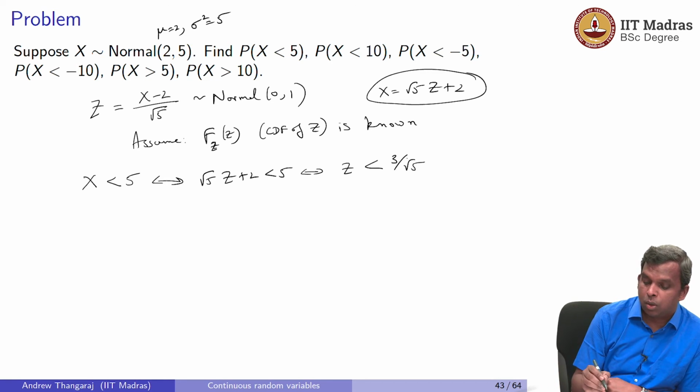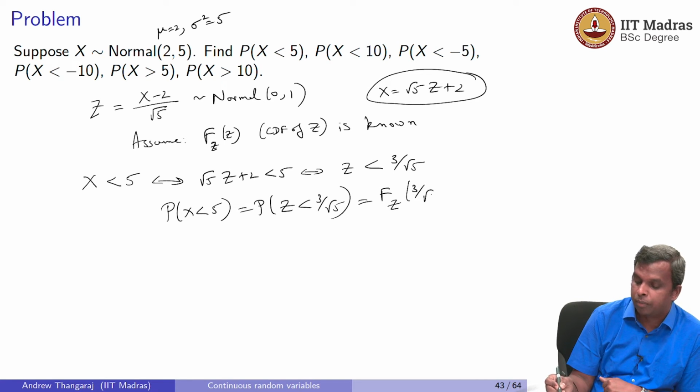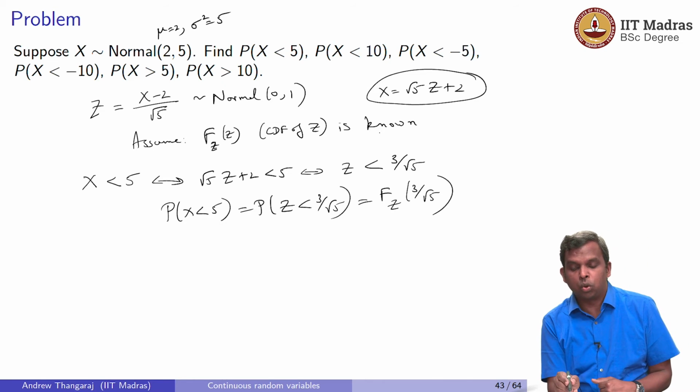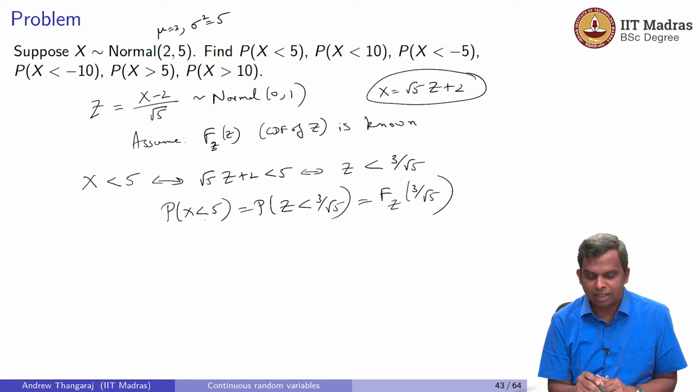So now what is this? Probability of x less than 5 is equal to probability that z is less than 3 by root 5, and that is simply F_Z of 3 by root 5. We are going to assume this function is known, as in some table is given to you, or there is computing software that's given to you, where if you plug in, the CDF of the standard normal will give you the answer, right? So that's something that you can do. So this is the probability of x being less than 5.